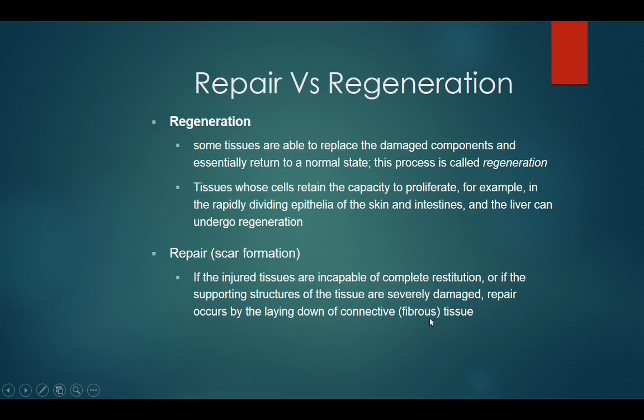Those are the cells which come to these areas and lead to this repair. So there will be scar formation. If any fibroblast is seen in any injured area, it's sure that scar formation will be there in the tissue.